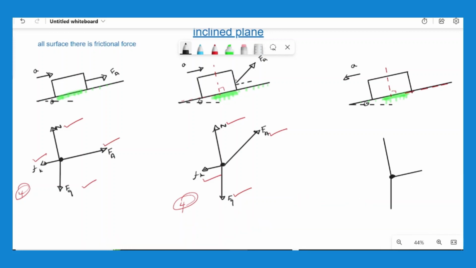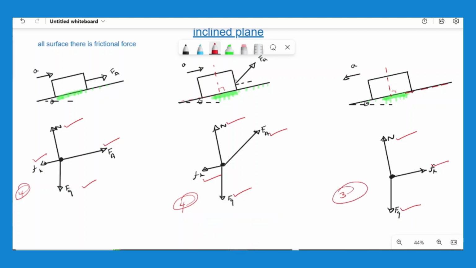So in this case, that's going to be my Fg, normal force, my Fk, the frictional force. So for marks, this is going to be 1, 2, 3. This will definitely be 3 marks.